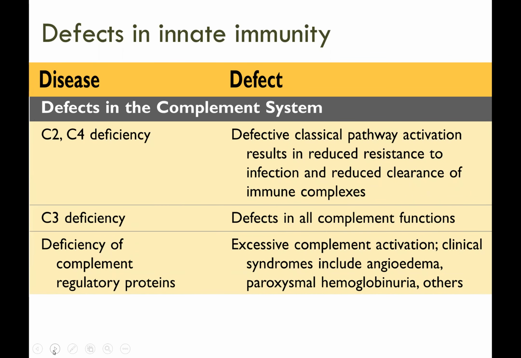When we're talking of deficiency affecting the complement system, please be reminded that we are still under defects in innate immunity. Hereditary deficiencies could be in the form of a particular complement, like for example, as you can see in the table, deficiency of C3, or a combination of complements, like for example, C2 and C4, which are components of your classical pathway.